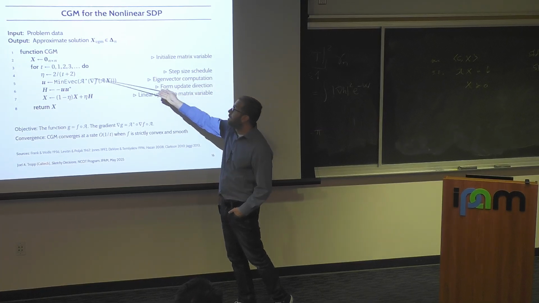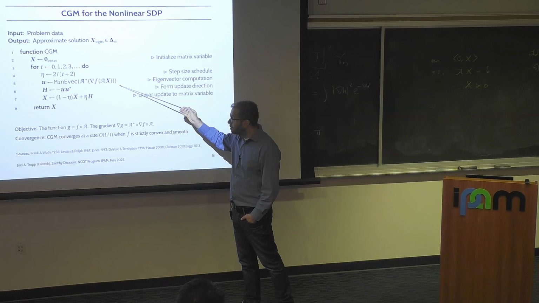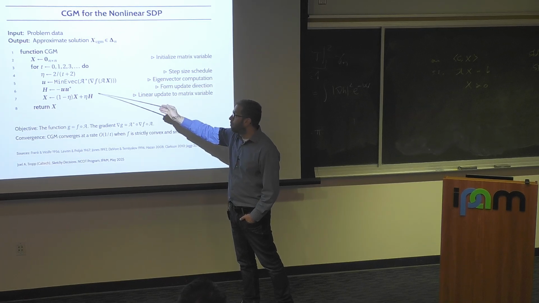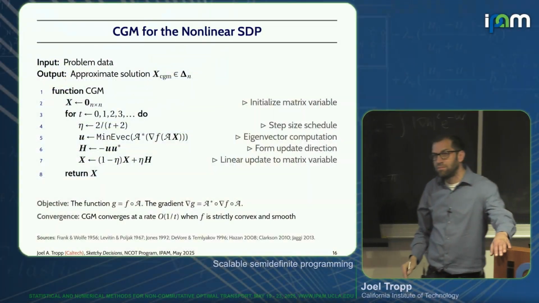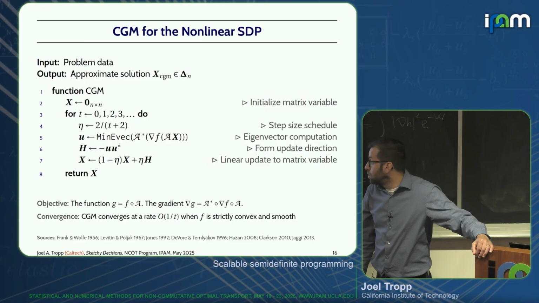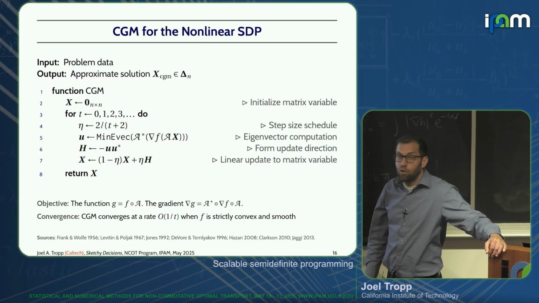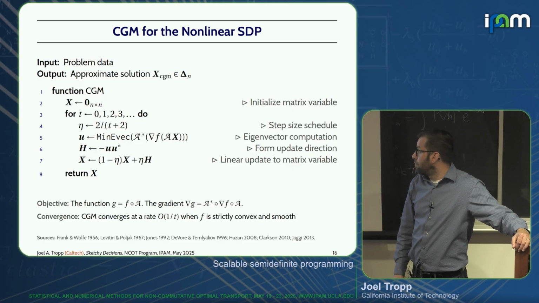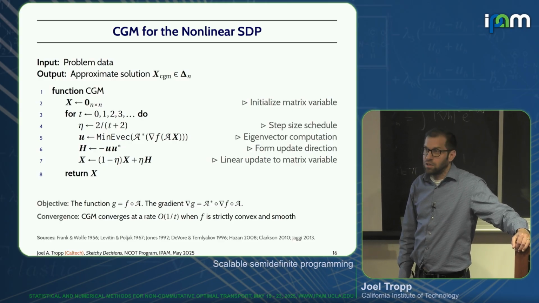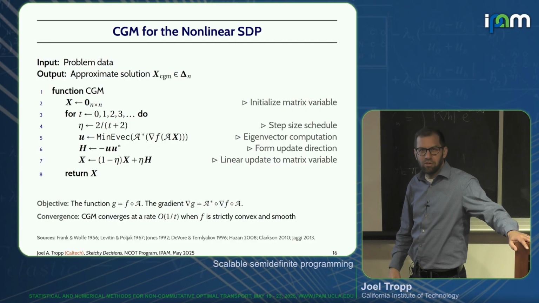So we need to compute a minimum eigenvector of this matrix, and then we form negative UU transpose, and then we average that into the iterate, and then we repeat. Okay? So this algorithm costs you one eigenvector computation per step. It converges at a rate of 1 over t, where t is the iteration number, that is true whenever f is strictly convex and smooth. So it's an okay algorithm.